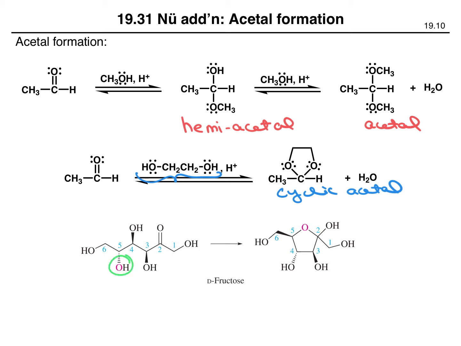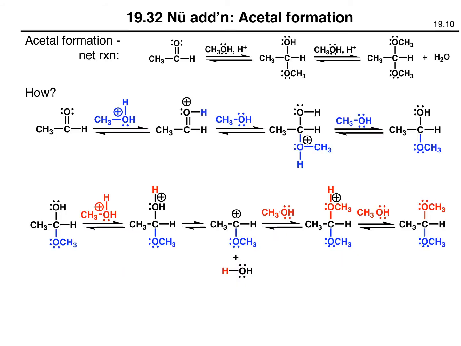So it is this OH that reacts at this carbonyl carbon to form the hemiacetal at carbon 2 of fructose. So what's going on? If we look at the overall reaction, we have the aldehyde reacting with alcohol and H+ to form the hemiacetal, followed by a second equivalent of alcohol to give the acetal.